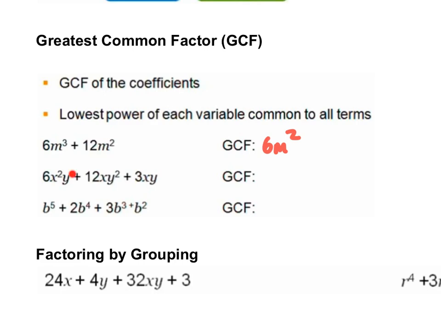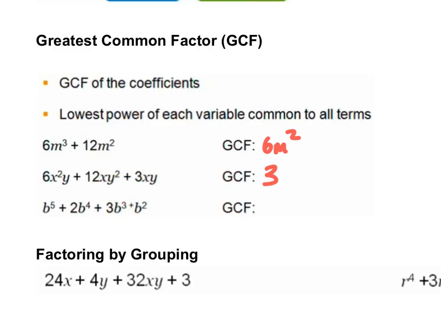Now, if you take a look at something like this, notice how all of these contain an x and a y. The greatest common factor of 6, 12, and 3 goes into all of these numbers, so we can factor out a 3. This has an x squared and a y, this has an x and a y squared, and this simply has an x and a y.